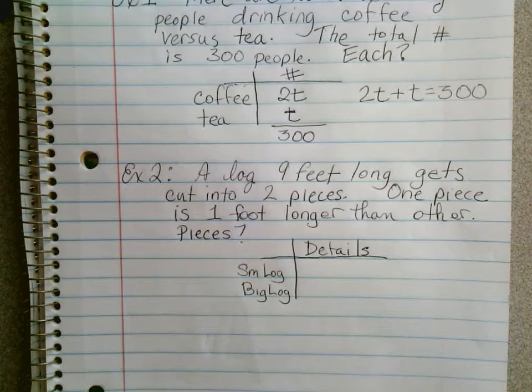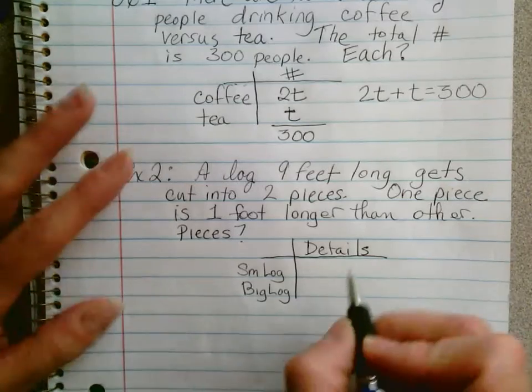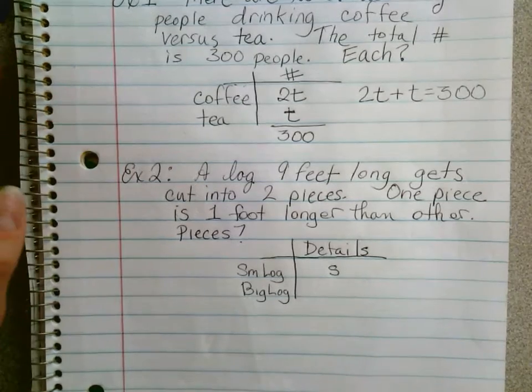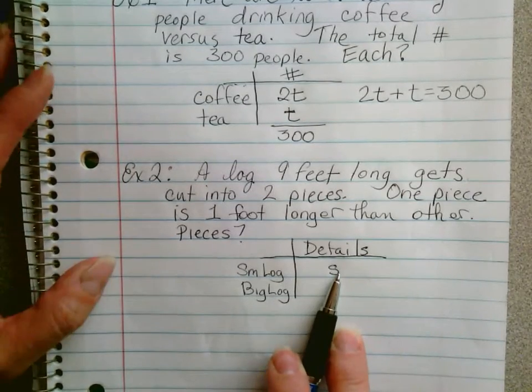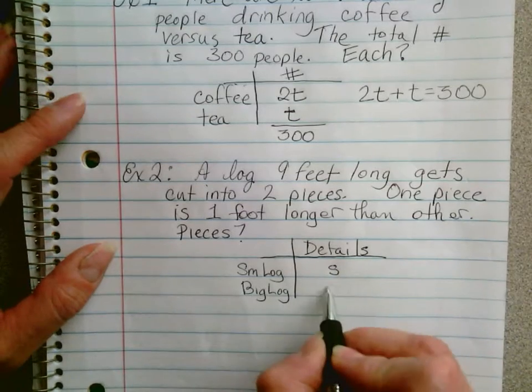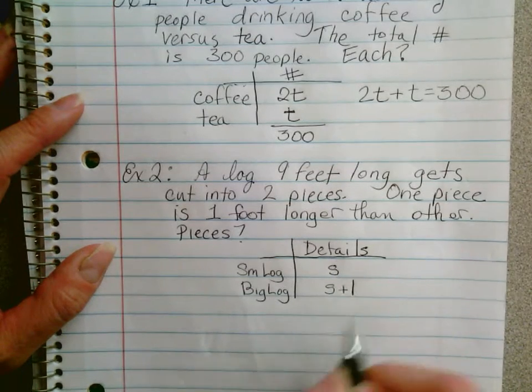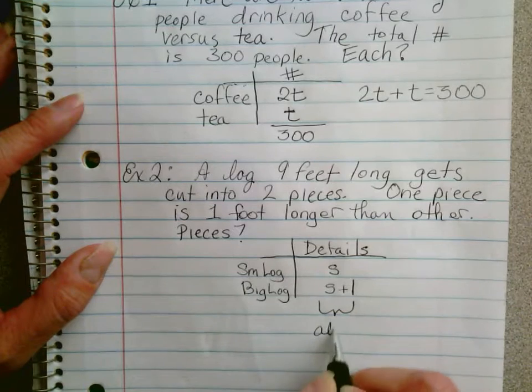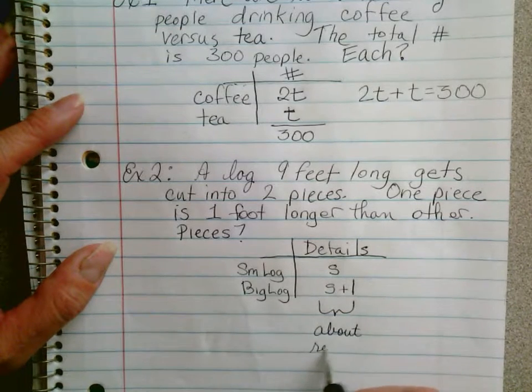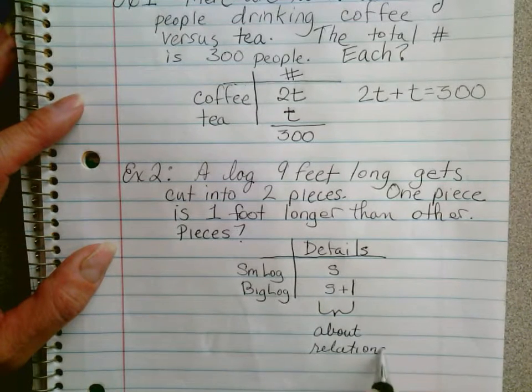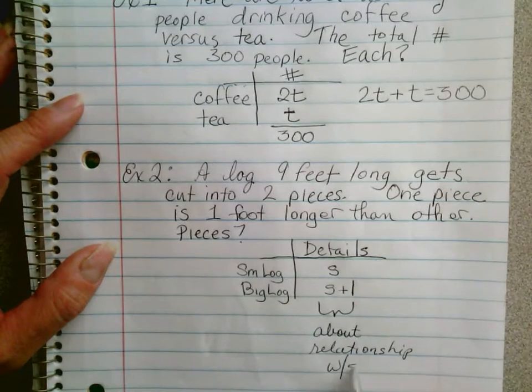Now, like Justice said, depending upon what we refer to, we can either subtract one from the big one or add one to the small one. So if I am related to small, I'm going to call small s, and I'm going to say big is s plus 1, right? All of this is about relationship with the small.